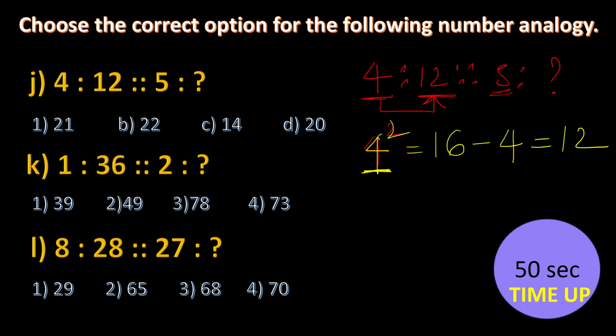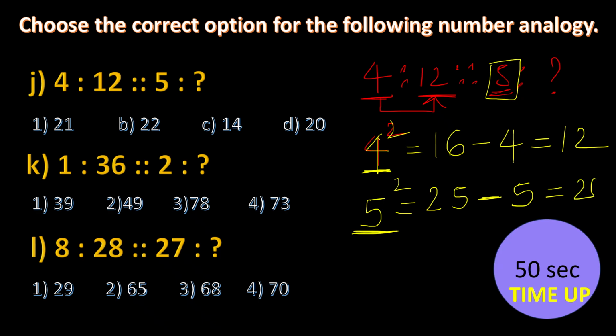Same logic you need to apply here. 5 is there, 5 square is 25, minus the same number, that is 5, which will give you 20. So the correct answer is option D, that is 20. Understanding, students? Next one.